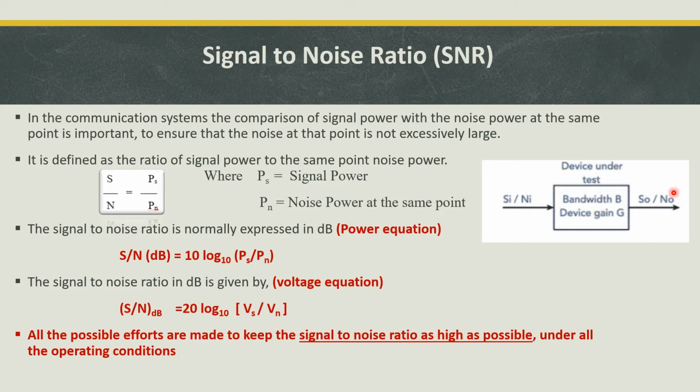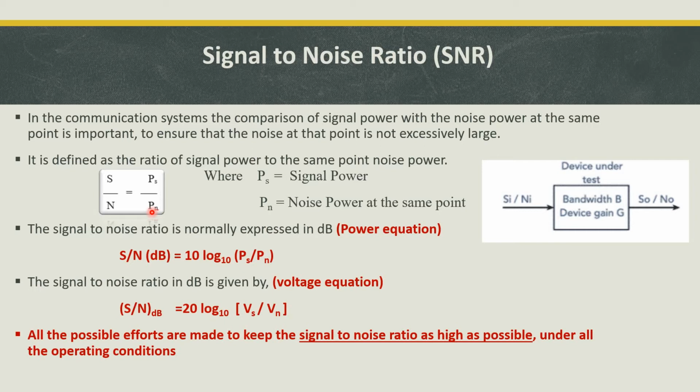Definitely at the output of the amplifier, you will get a lower signal to noise ratio compared with the input side. As per the definition, signal to noise ratio means signal power divided by noise power.